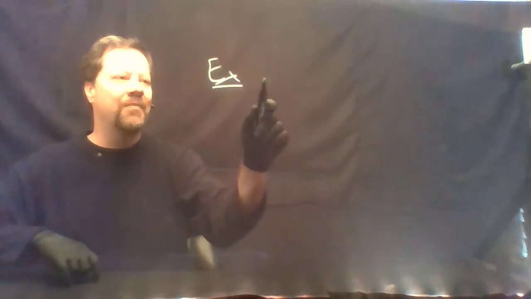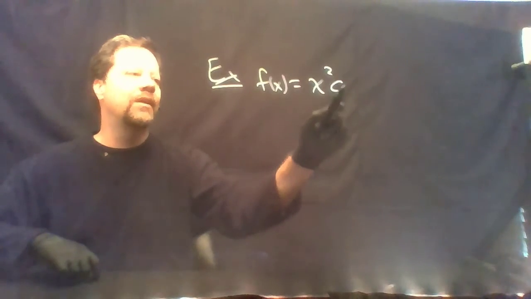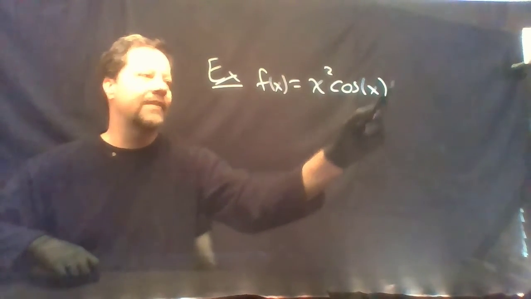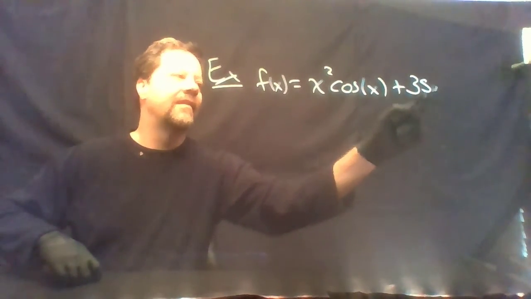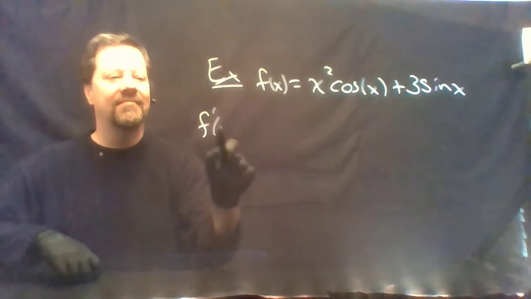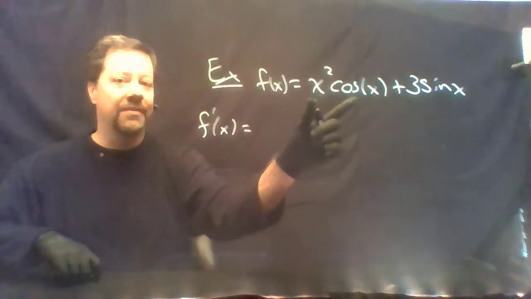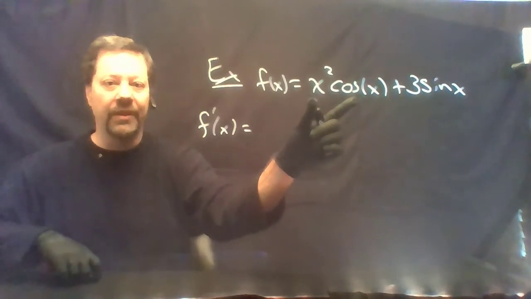Another quick example. Suppose that f of x is, say, x squared cosine of x plus 3 sine of x. The first term is a product of two functions, so we must use the product rule here.